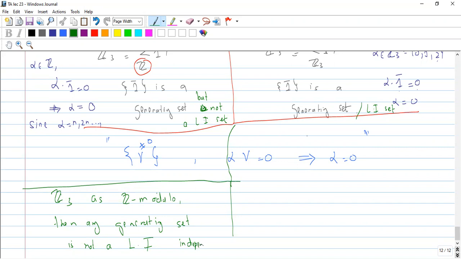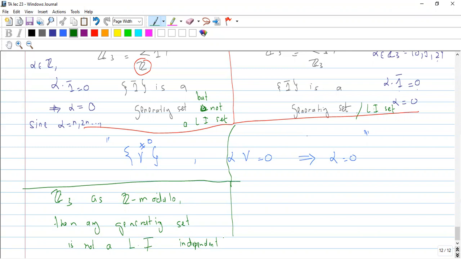Why? Because whenever आप कोई generating set लेंगे and you multiply that generating set with n, आंसर क्या आ जाएगा, 0 आ जाएगा। तो वो कभी भी लीनियर इंडिपेंडेंस की कंडीशन को सेटिस्फाई नहीं करेगा। लेकिन लीनियर इंडिपेंडेंस में क्या होना चाहिए कि अगर स्केलर टाइम्स वेक्टर 0 का रहा है तो स्केलर 0 का रहा होना चाहिए। तो यहाँ पे हमेशा आपको n मिल रहा होगा कि आप उसको वेक्टर से मल्टीप्लाई करेंगे तो आंसर 0 आ जाएगा when n is not equal to 0.